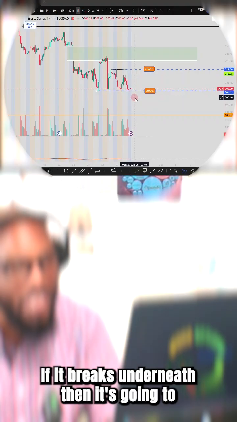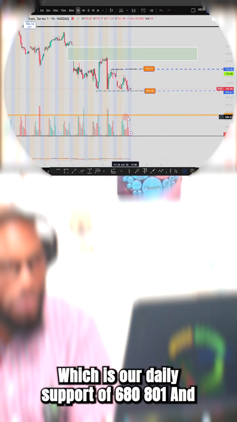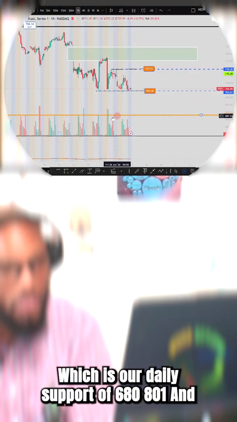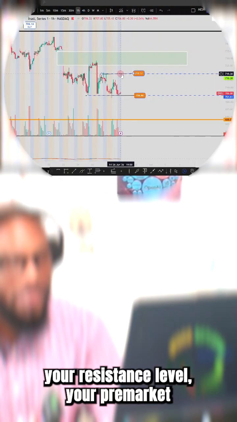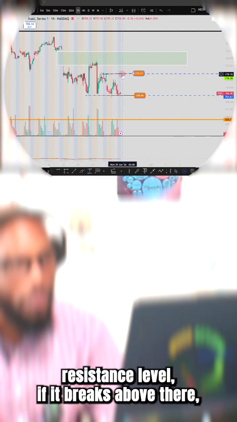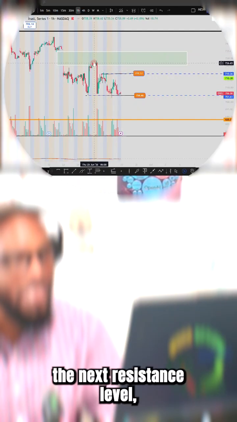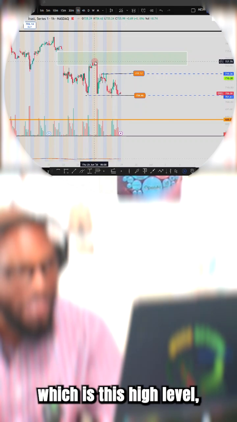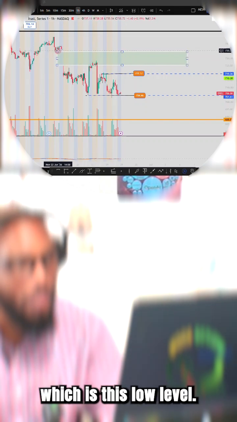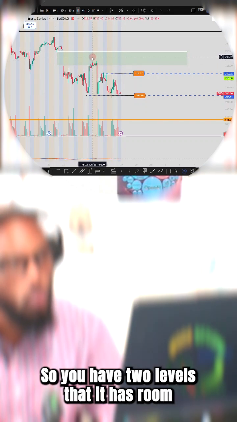If it breaks underneath, then it's going to go test the next support level, which is our daily support of 688.01. And it also tells us, hey, your pre-market resistance level, if it breaks above there, then it has room to go to the next resistance level. Right, so you have 2 levels that it has room to go and test.